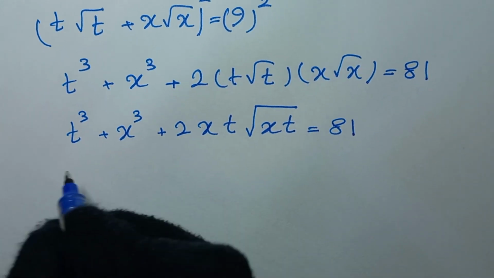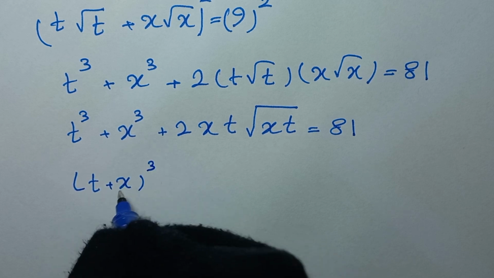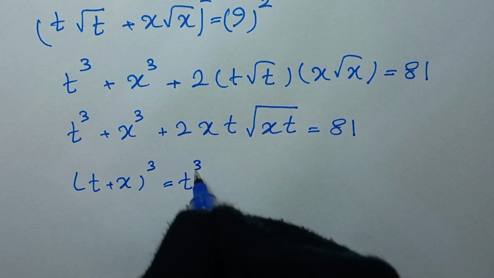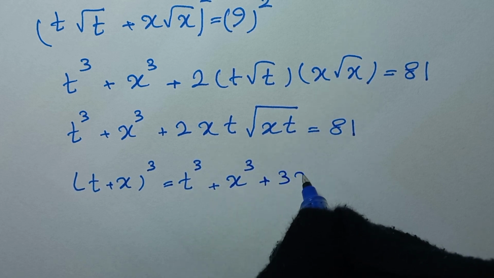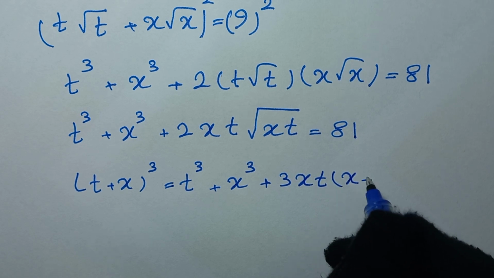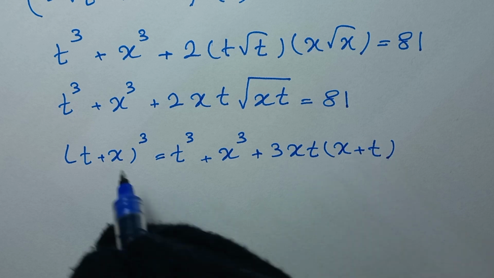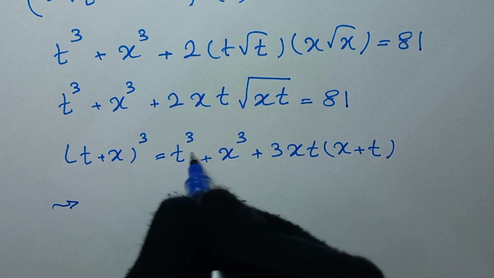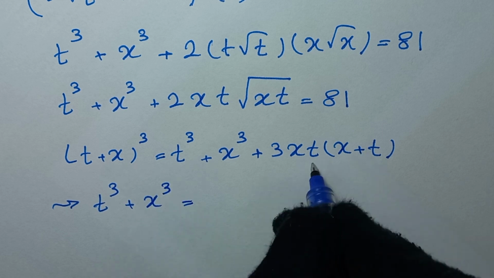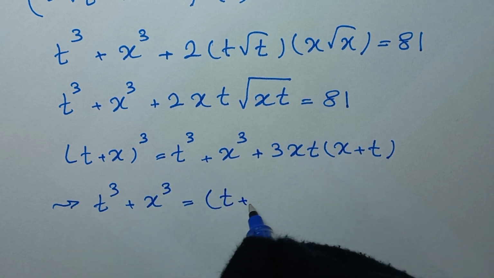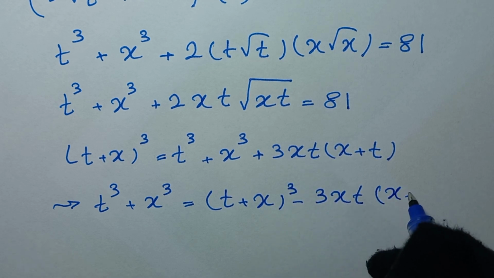As you know, t plus x to the power of 3 is equal to t cube plus x cube plus 3xt times x plus t. Taking this to this side, t cube plus x cube is equal to t plus x to the power of 3 minus 3xt times x plus t.